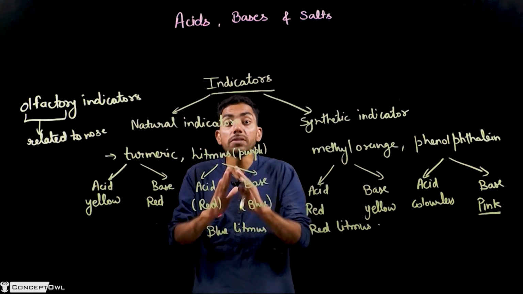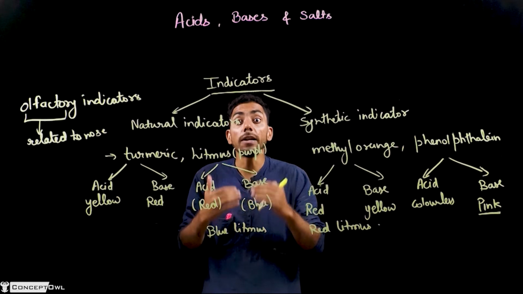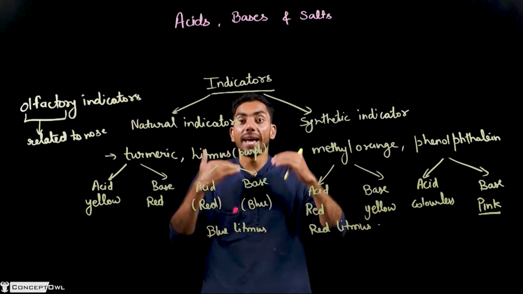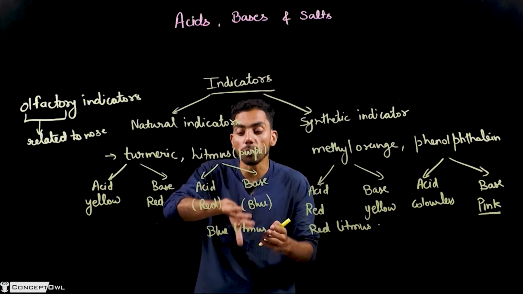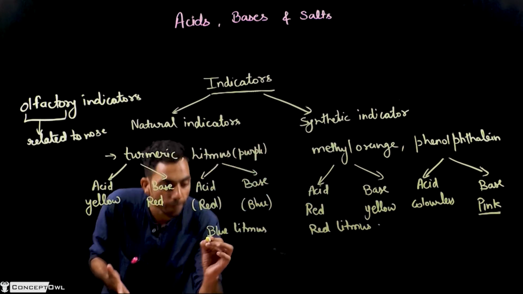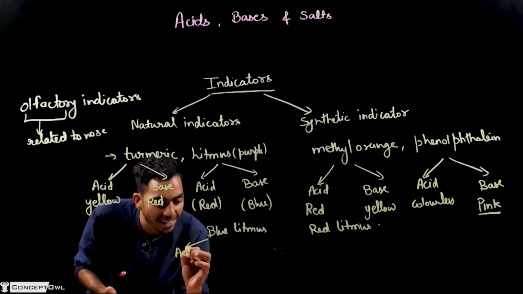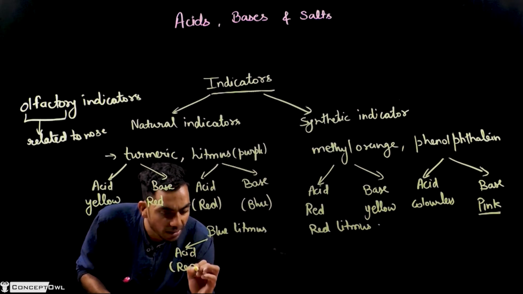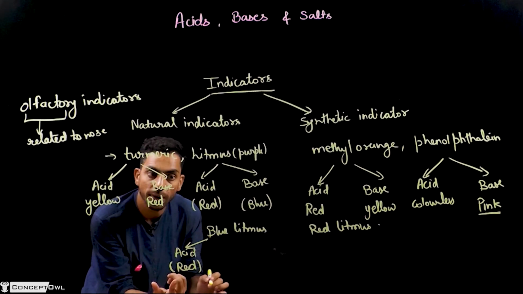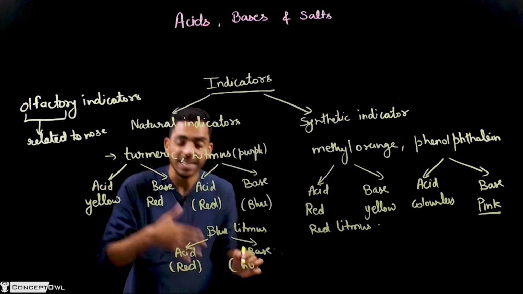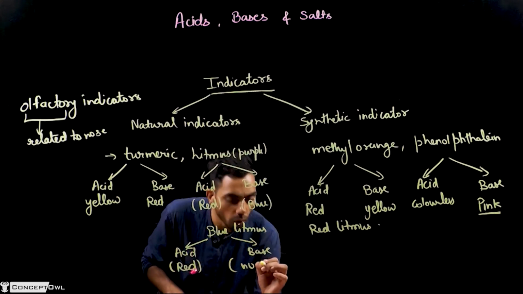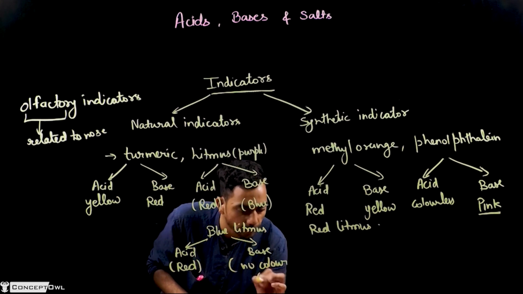But in acidic medium it changes its color from blue to red. Understood, no? So blue litmus in acidic medium changes from blue to red, and in basic medium there is no color change, it remains blue.